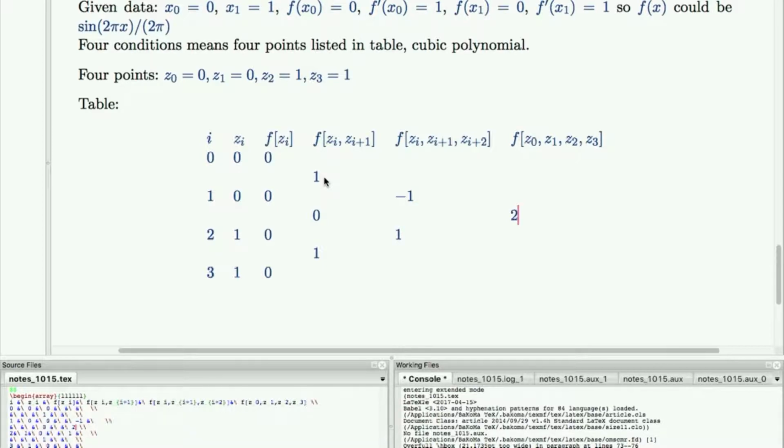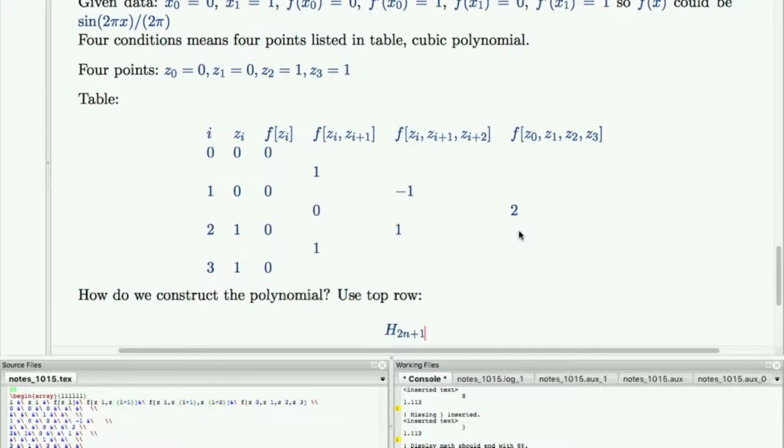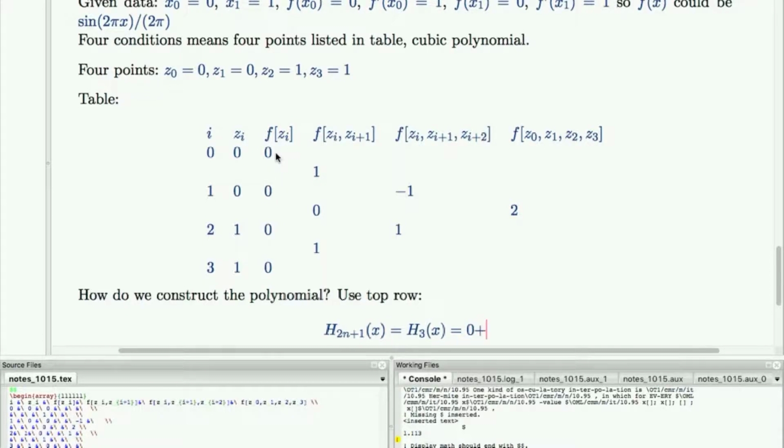All right. Now, once the divided difference table is complete, we need the actual polynomial. And as before, use the top row of divided differences. So I have 0, 1, minus 1, and 2. But watch closely. All right, so in this example, it's a cubic. So I start with this 0, that's a constant term. I'll fill in explicitly.